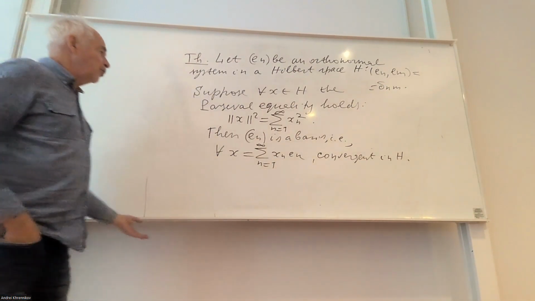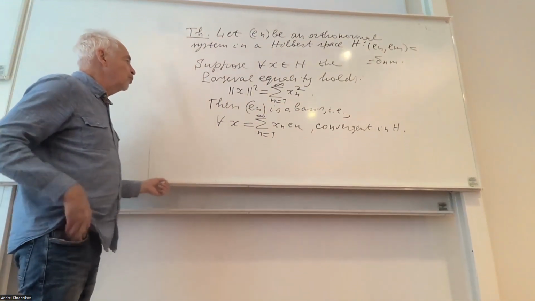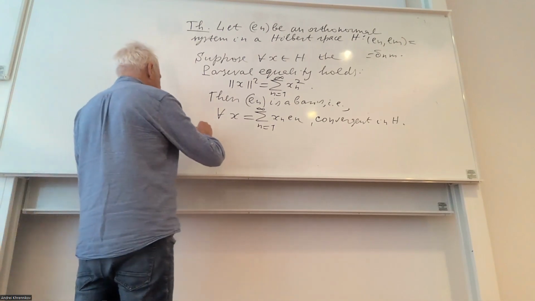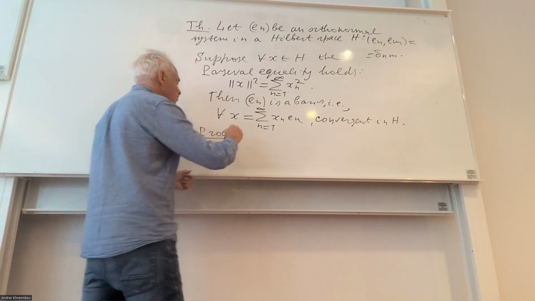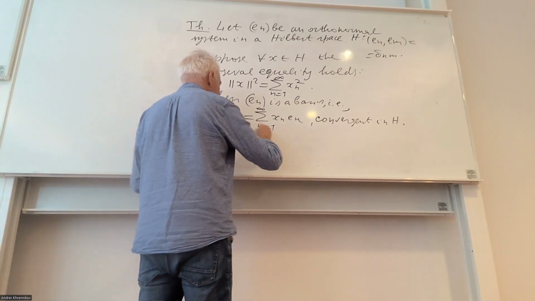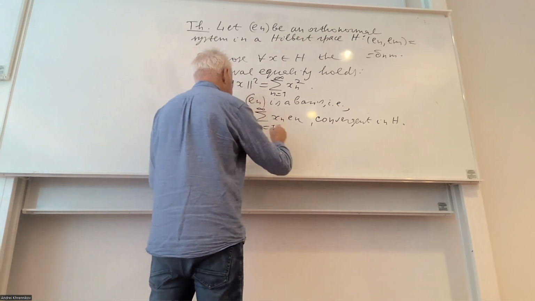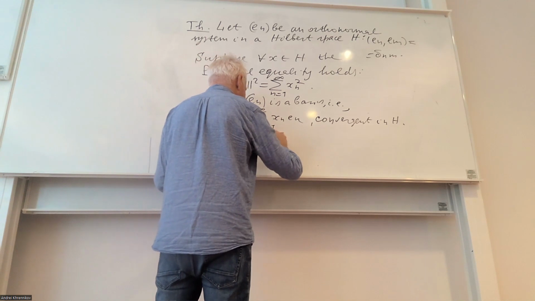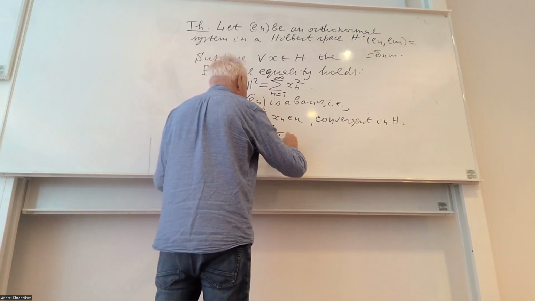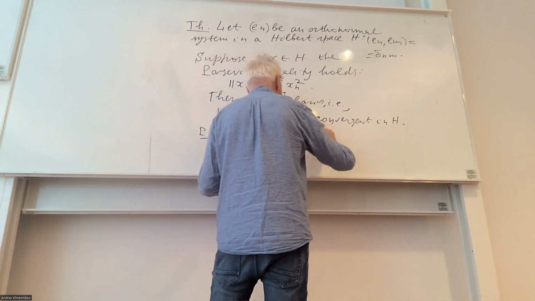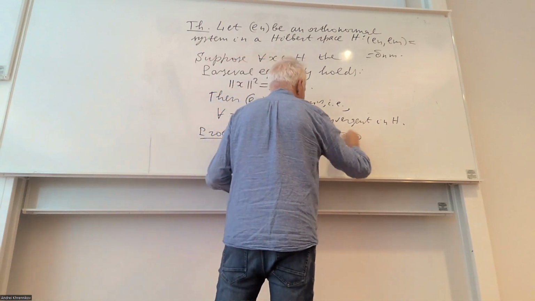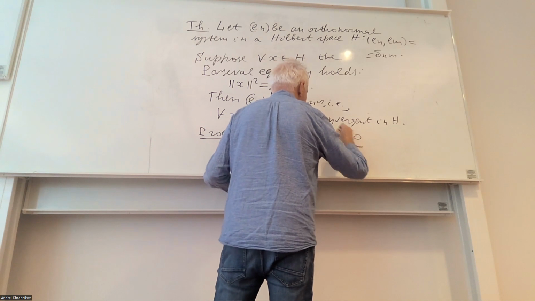So what would we like to prove? We want to prove that the norm of x minus these partial sums, n from 1 to n, xn En, squared goes to 0 as n goes to infinity.